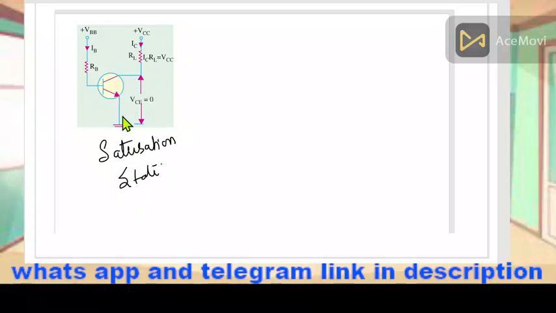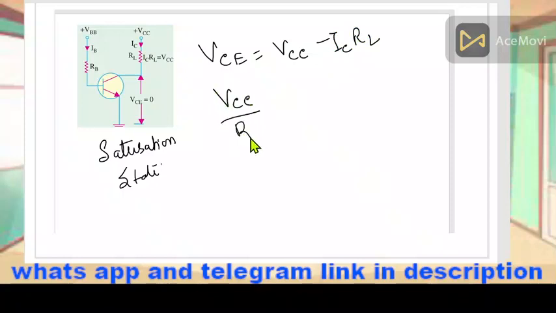You can see it is common emitter. Emitter is grounded. This is VCE is equal to 0. This is base current IB. This is the resistance RL, IC, VCC. Now if we apply this equation, VCE is equal to VCC minus IC RL. Since VCE is 0, so VCC by RL is IC.